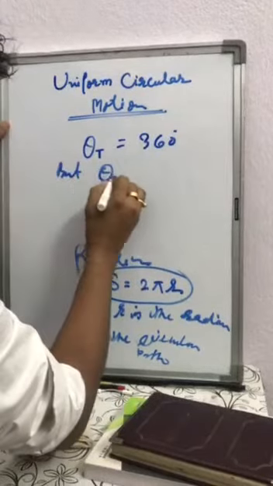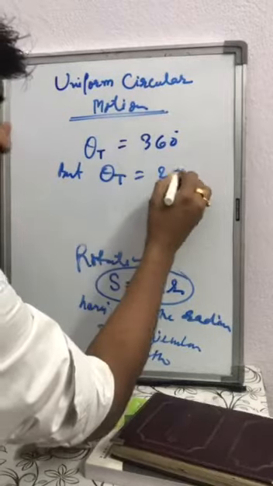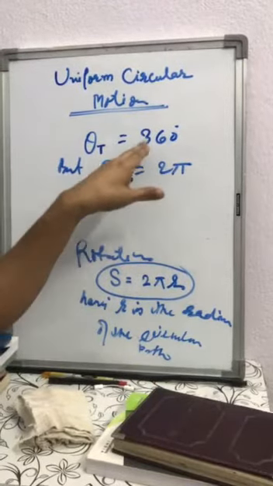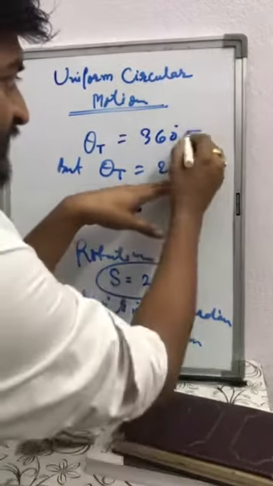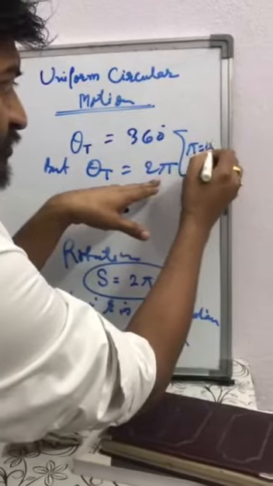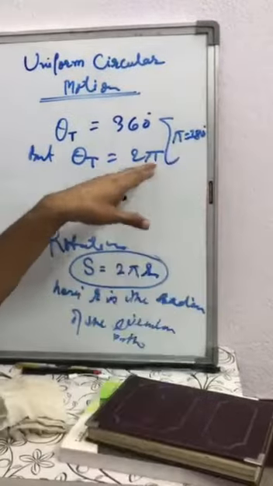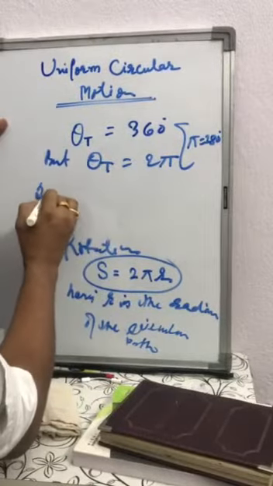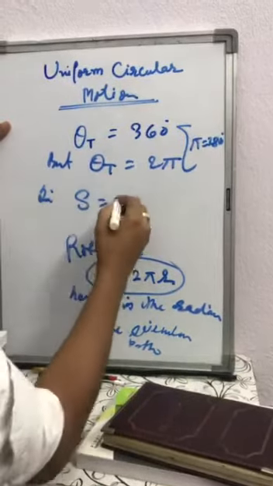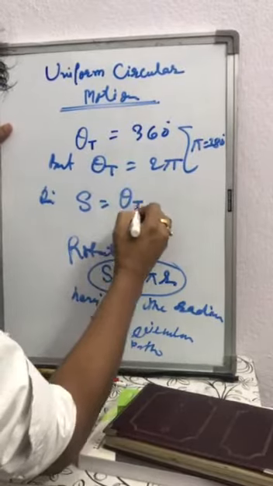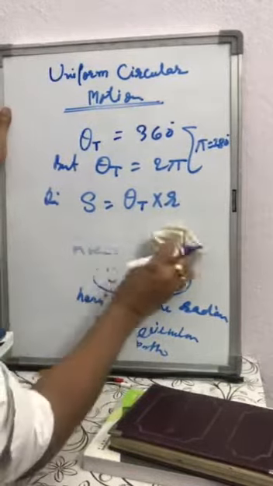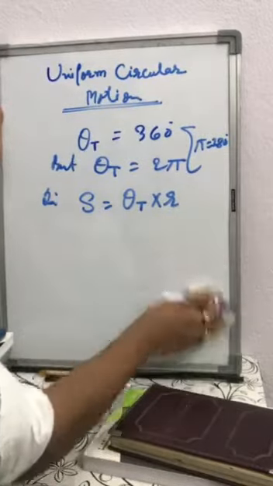But theta total is actually written as 2 pi. 2 pi is the radian value of 360 degrees, because pi is equal to 180 degrees, hence 2 pi is equal to 360 degrees. So we can say that S is equal to theta total into r.